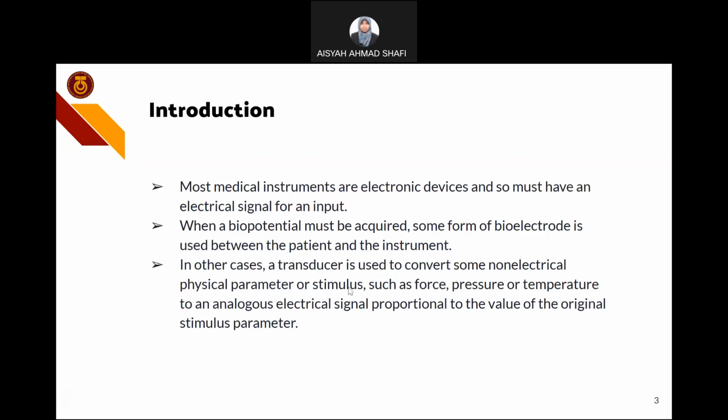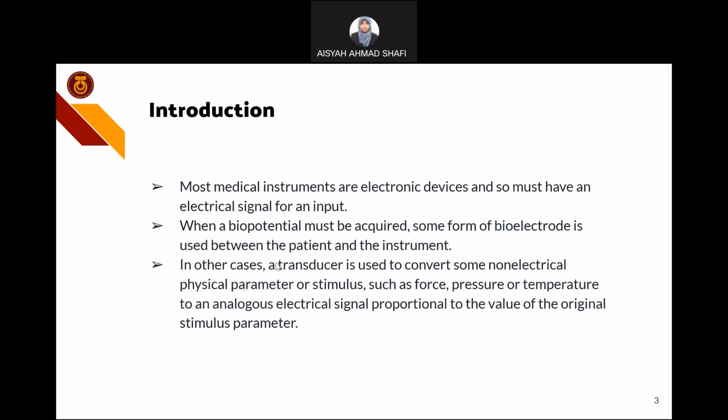So for the biopotential, bioelectrode is used. This means we use bioelectrode to change the biopotential to electric. This means to record it.